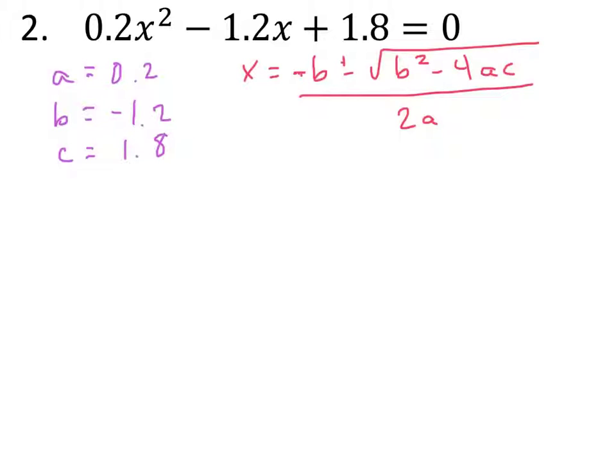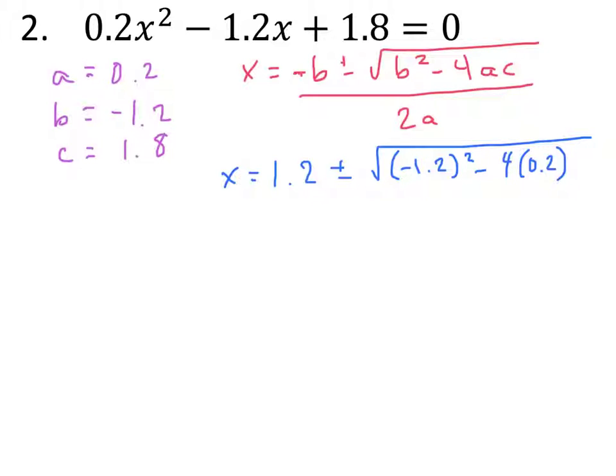And now we just plug everything in. So x equals negative 1.2, so that would just be a positive 1.2 plus or minus the square root of b squared minus 4 times a times c, all divided by 2a.